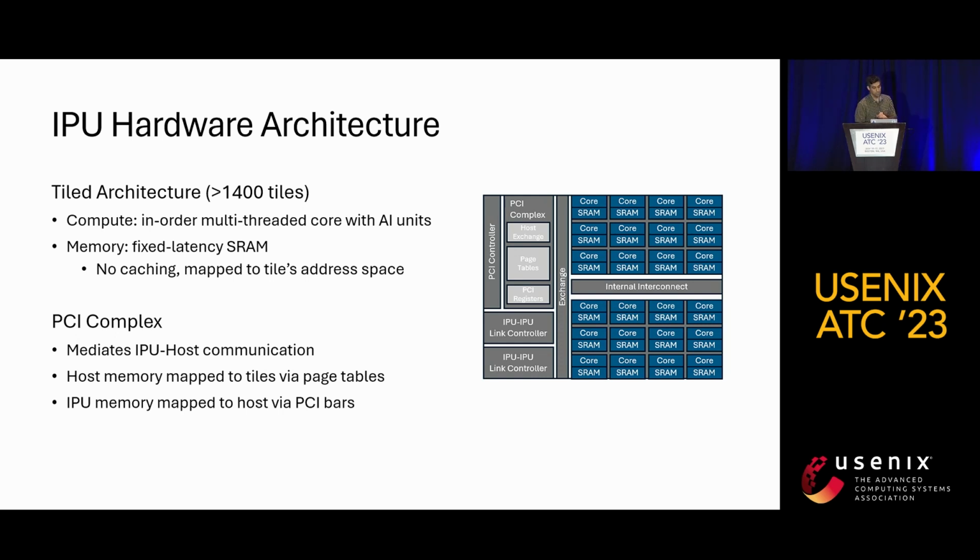And each tile is an in-order multi-threaded core with specialized units for AI. Unlike CPUs and GPUs, which employ deep-level memory hierarchies, which are bad for side channels, this IPU device employs a flat memory space. Each core has its own private SRAM, and this SRAM is mapped to the address space, so it can be accessed directly with loads and stores.